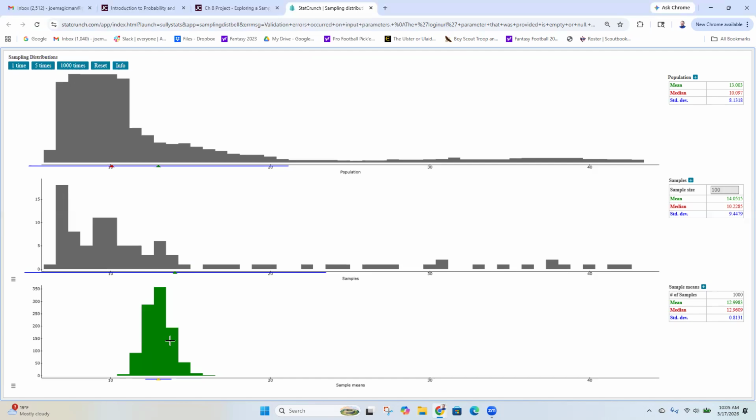We can also do a lot of stuff that we're going to talk about in chapter 9 and 10, where we build confidence intervals and we do hypothesis testing. All of that stuff is built around the fact that the central limit theorem is true. So maybe you're not excited about it. I'm excited about it, but I'm excited about math.